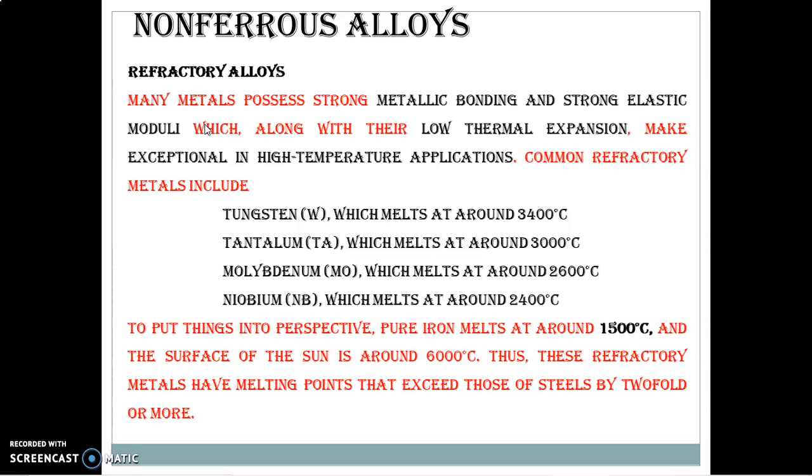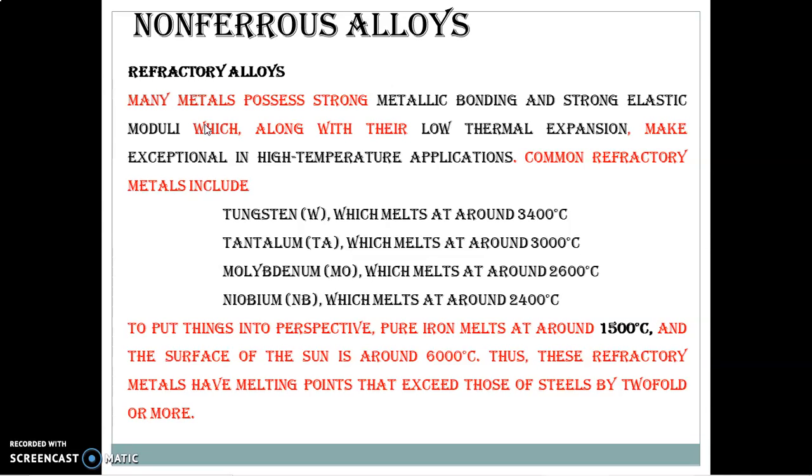They have a very strong metallic bond, a high elastic modulus, and low thermal expansion. This makes them exceptional in high temperature applications. So refractory alloys are useful in high temperature applications.